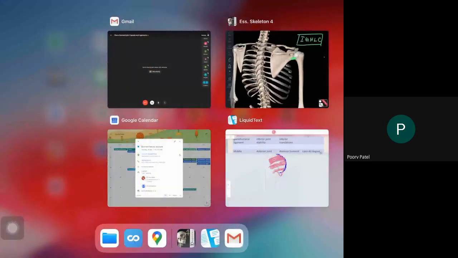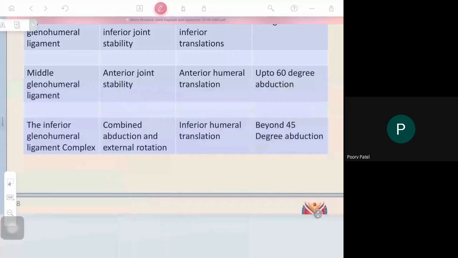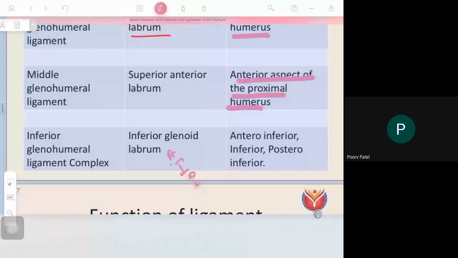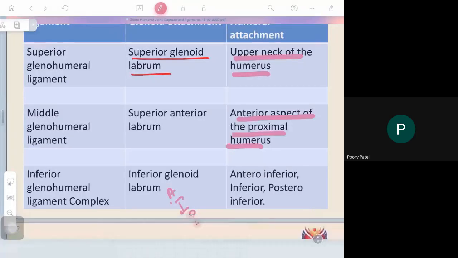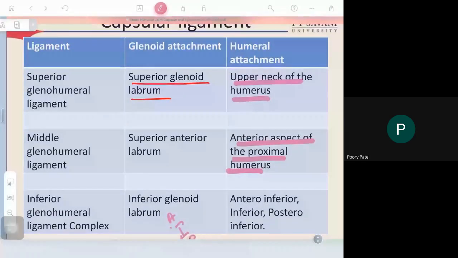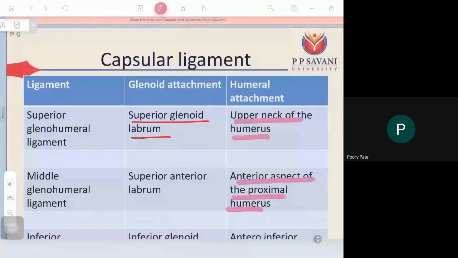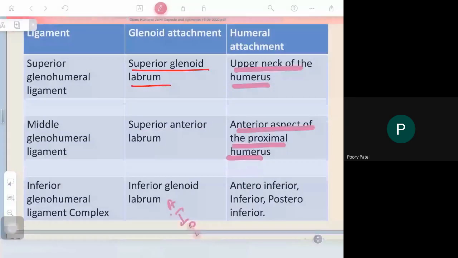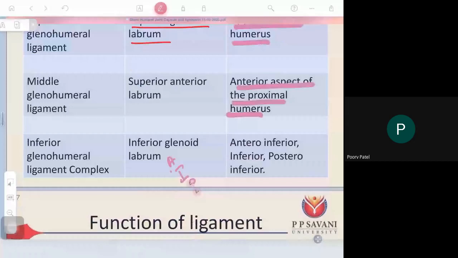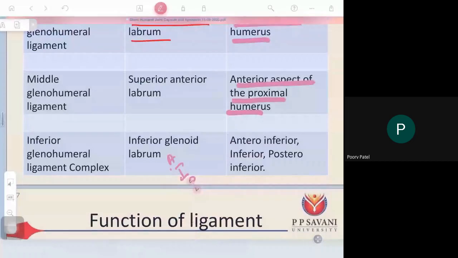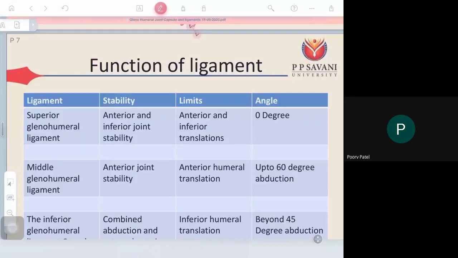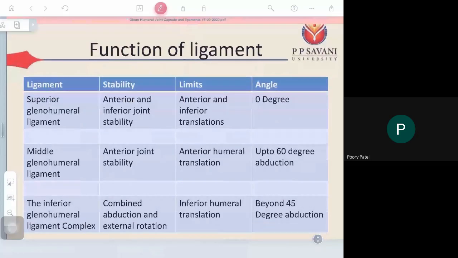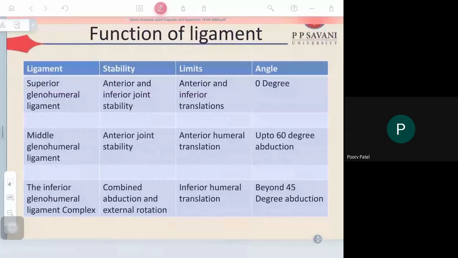Yes, sir. So this is about the attachment. We are studying the capsular ligaments: superior glenohumeral, middle glenohumeral, and inferior glenohumeral ligament complex. Clear? Now, function of the ligament. Listen carefully. Function of the ligament.